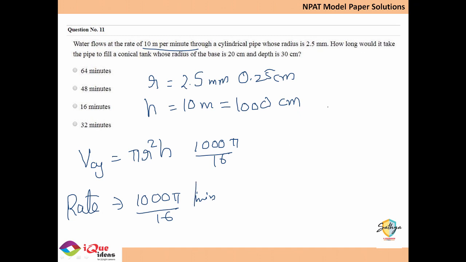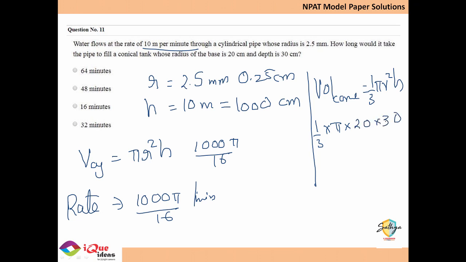Now, the conical tank which has to be filled will also have a volume. So the volume of the cone is given by 1/3 of pi r square h. So we already know 1/3 of pi, radius is given as 20, depth is given as 30. So simplifying this, I will be getting it as 4000 pi.